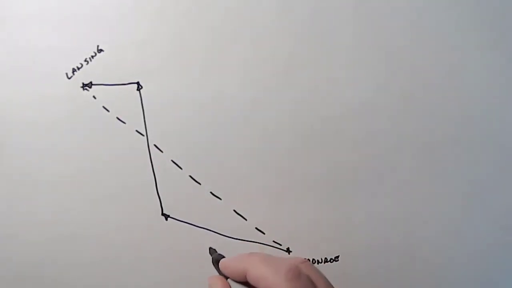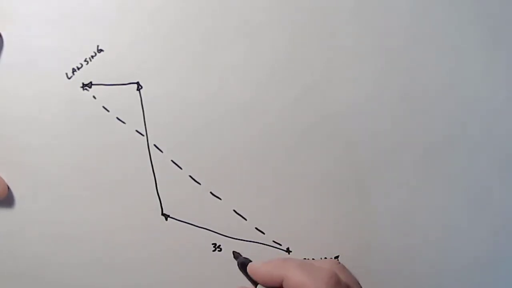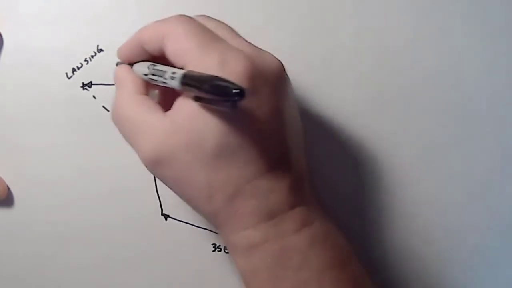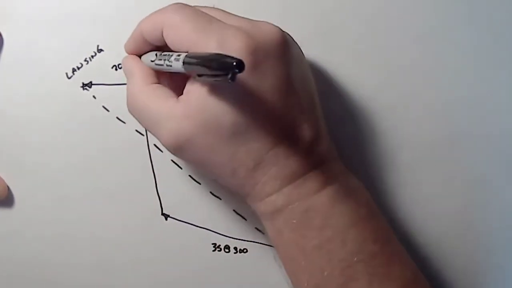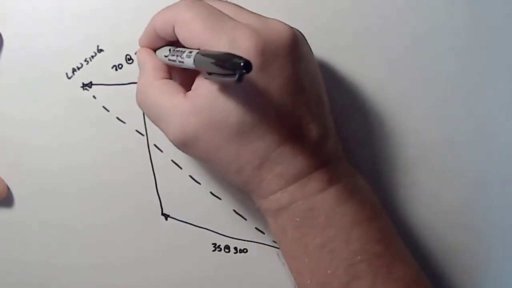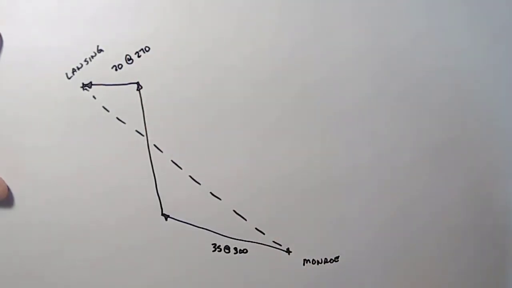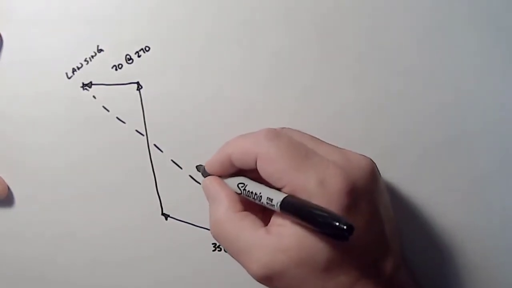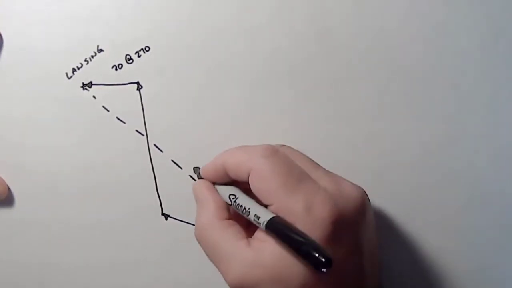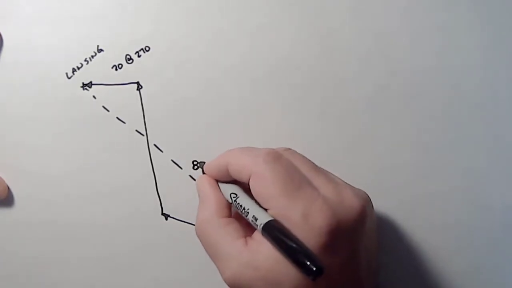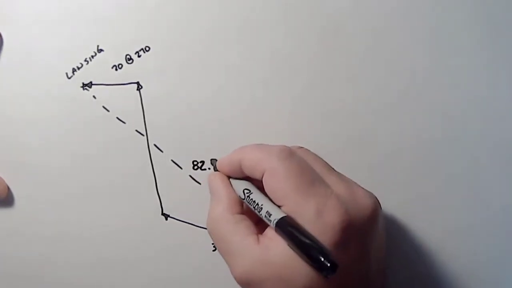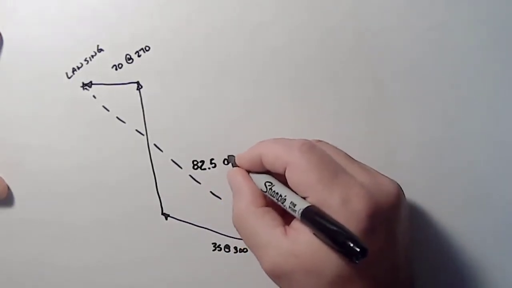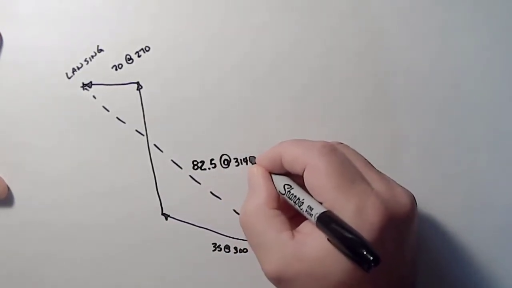I know this vector, it's leg 1, it's 35 miles, and it's at a heading of 300. And I know this is 20 miles at 270. And I also know that the end result of the entire addition process is 82.5 miles at 314 degrees.